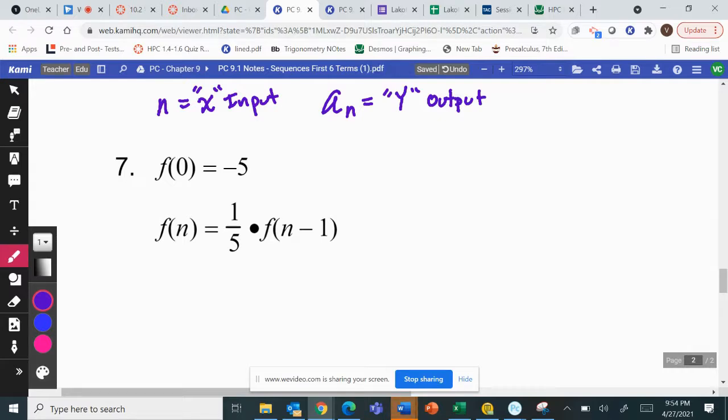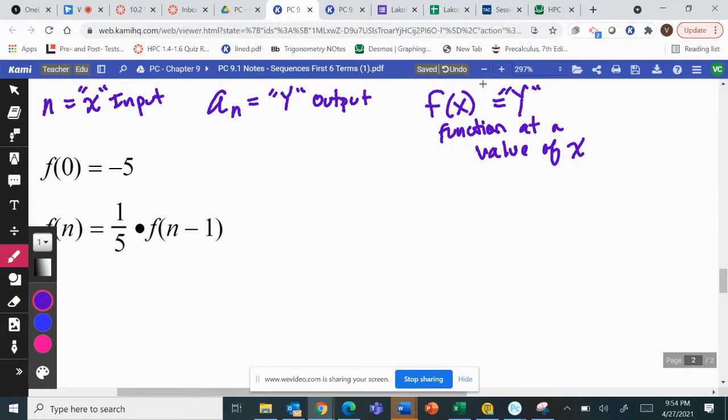Well, we've studied functions, and f of x is a function at a value of x. So f of x is just a y after you plug in a specific x. So f of x is an output when x is the input.